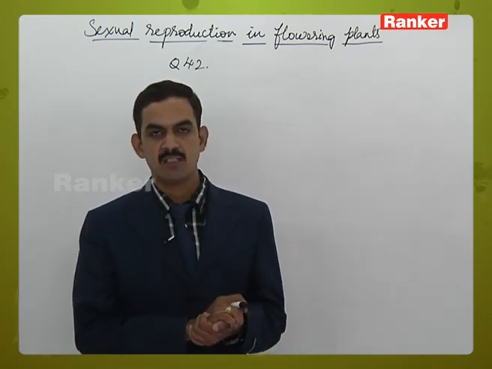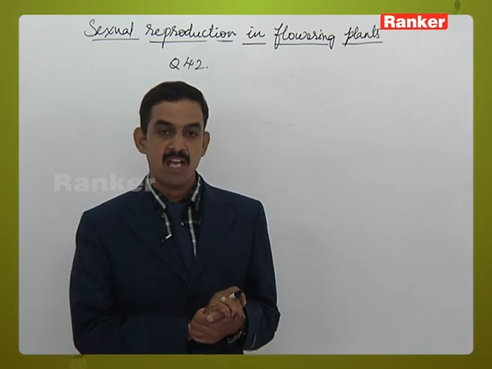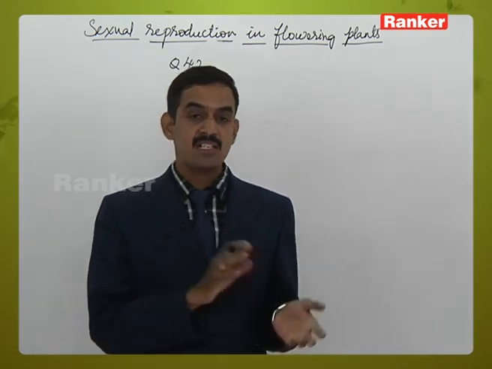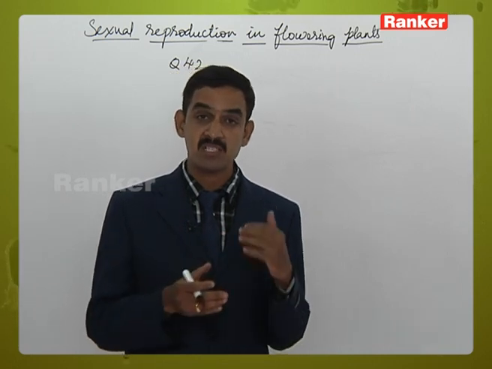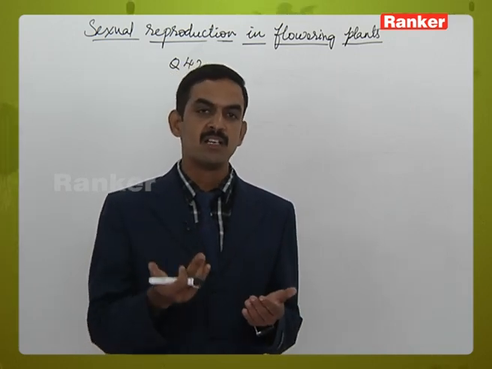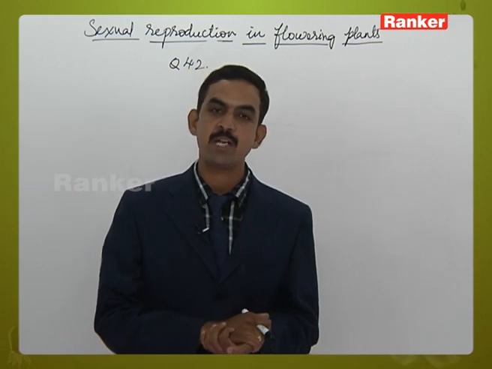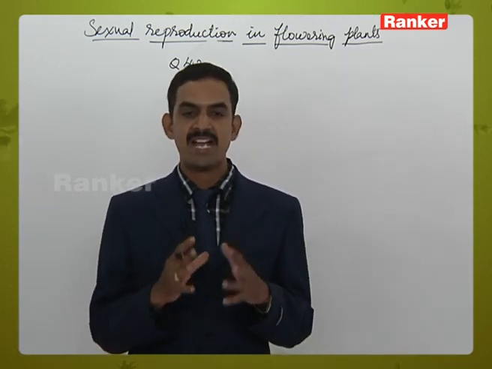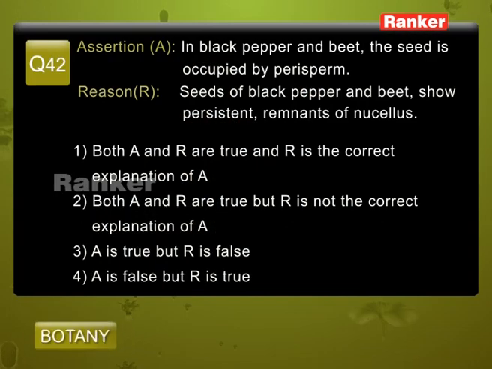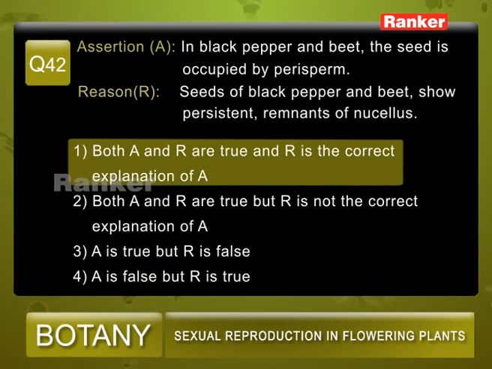So assertion statement is correct. And why it is so: the perisperm is nothing but the persistent one, which is surviving after the ripening of the seed also, and it's a remnant of the nucellus. So both A and R are correct, and R explains A. Question number 42, the correct answer is 1.